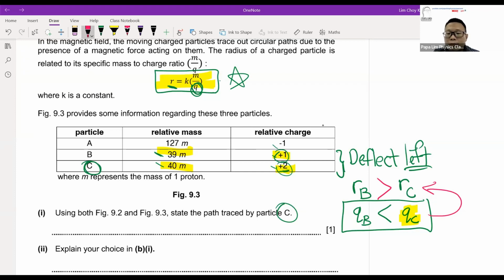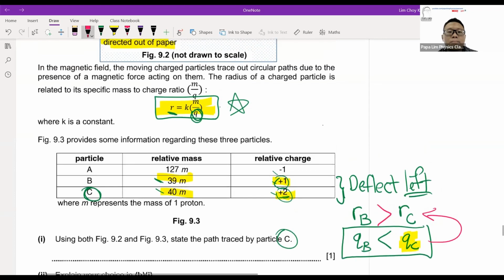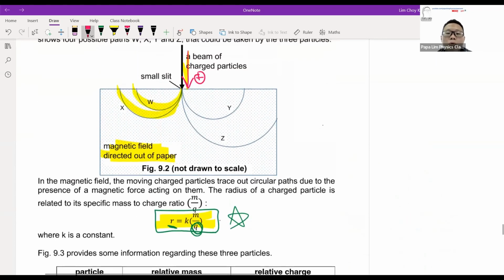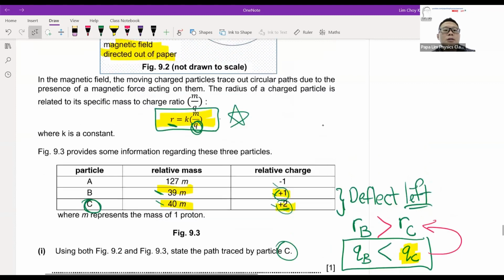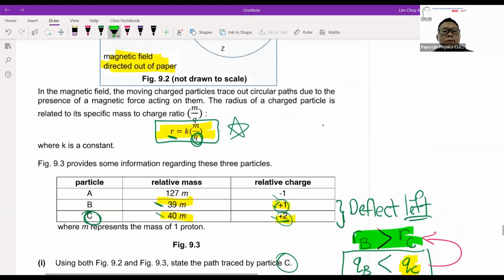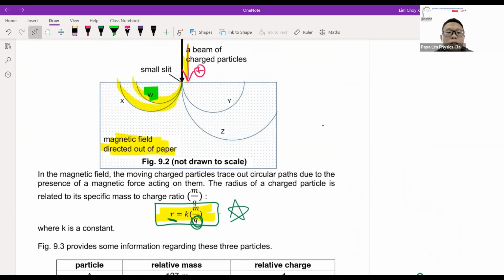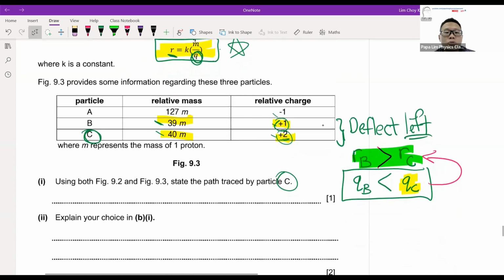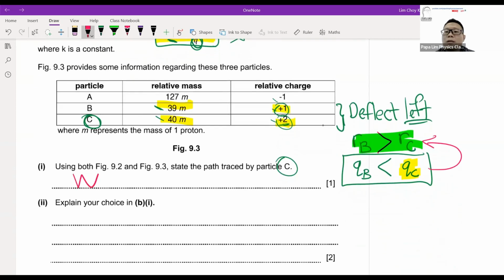So which means that charge C, particle C, will follow the shorter path, the path with the shorter curvature, which is path W. So that's why I can conclude that the path I will choose is W. And how do I know?